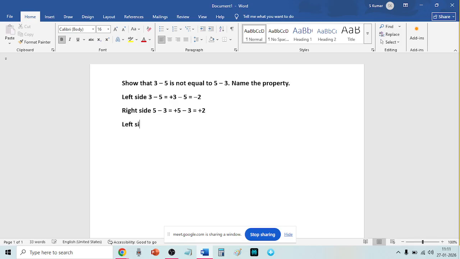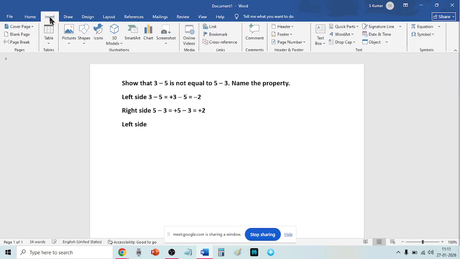You will put the sign of not equal to, left side not equal to right side. And the property you will write: not commutative.